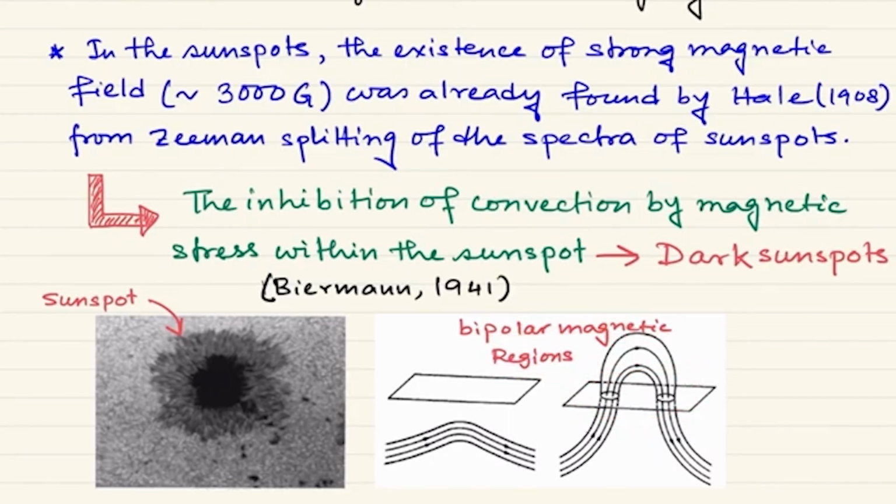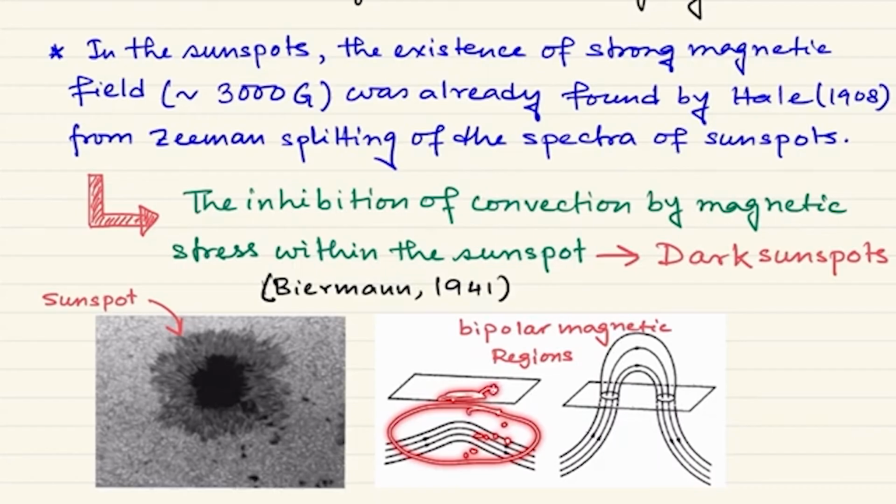Now, why are bipolar magnetic regions formed, and why does some plasma come out from one side and go to the other side? The reason is very simple. Just above the surface you have an environment where the magnetic field is very weak, while in this part the magnetic field is very strong. So at the surface you should have a pressure balance.